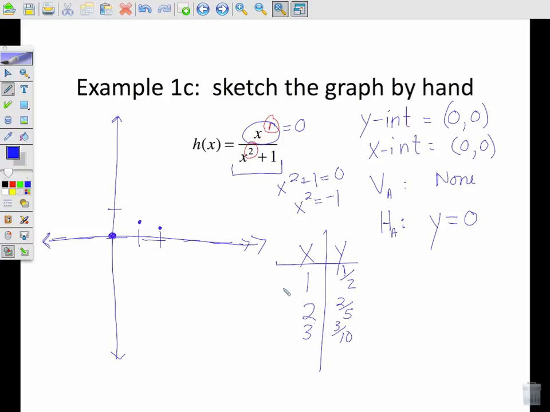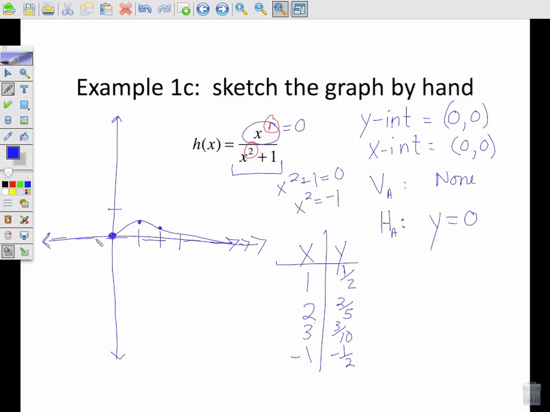And let's put in 3 just for fun. We got 3 over 9 plus 1, so 3/10. As I'm getting smaller and smaller here. So you can see on this right side, I go up, but then I'm coming back down towards that asymptote.